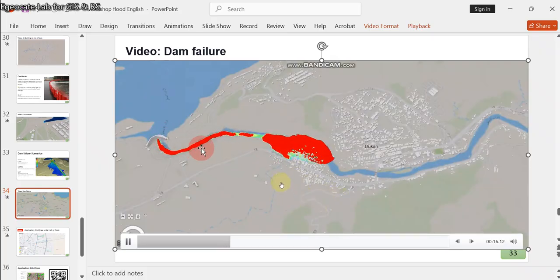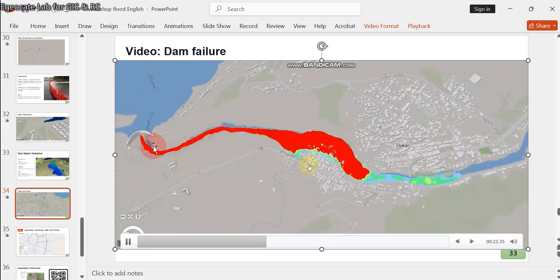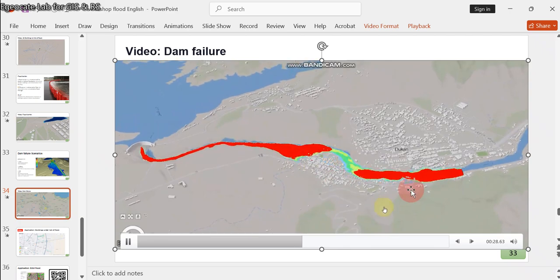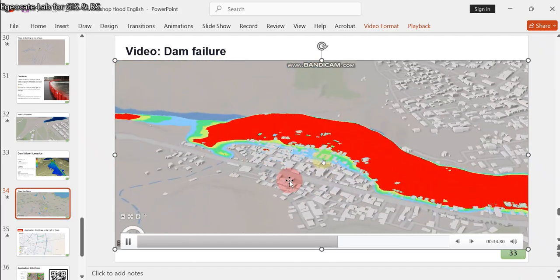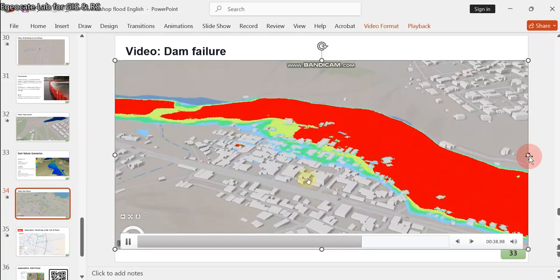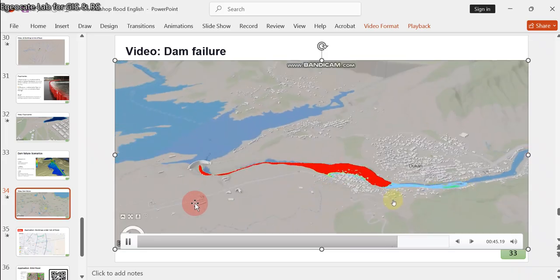As you see here, if this dam breaks at a specific flow rate, you can know which buildings will be under risk, and you can zoom in and identify the buildings under risk and the coverage area of this flood or flow of water.